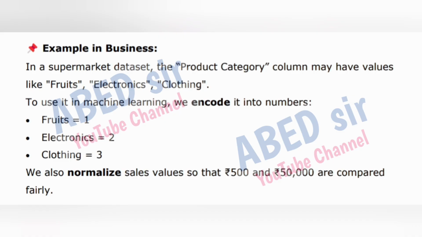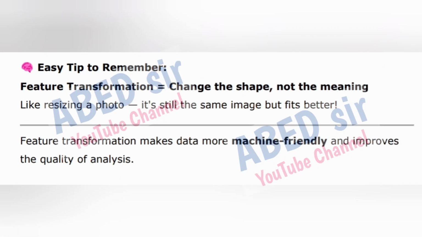We also normalize sales values so that 500 rupees and 50,000 rupees are compared fairly. Easy tip to remember. Feature transformation is equal to change the shape, not the meaning. Like resizing a photo, it's still the same image but fits better. Feature transformation makes data more machine-friendly and improves the quality of analysis.